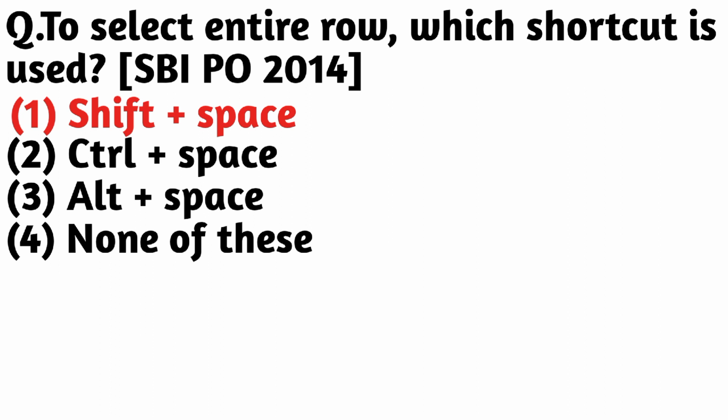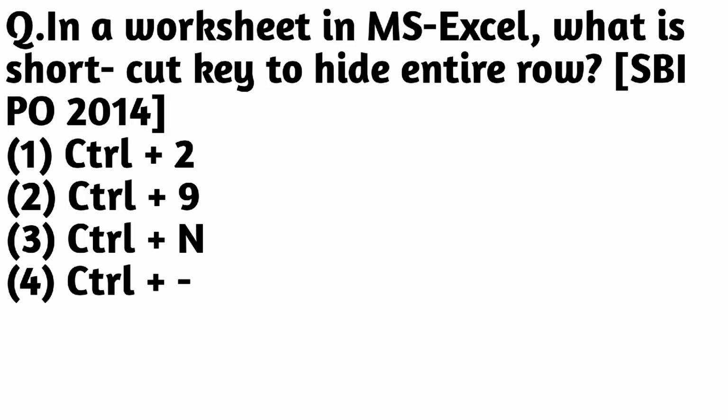Next question. In a worksheet in MS Excel, what is the shortcut key to hide entire row? Option 1 Ctrl plus 2, option 2 Ctrl plus 9, option 3 Ctrl plus N and option 4 Ctrl plus minus. Next, the correct answer is option 2 Ctrl plus 9.